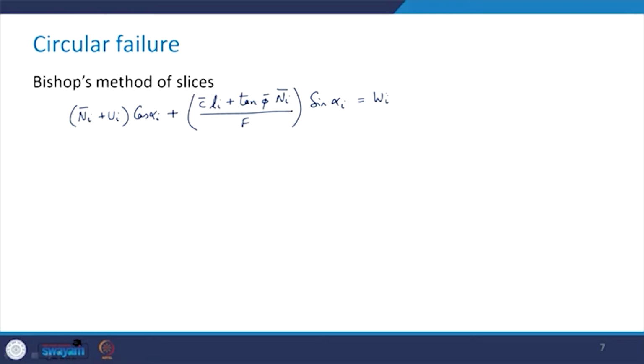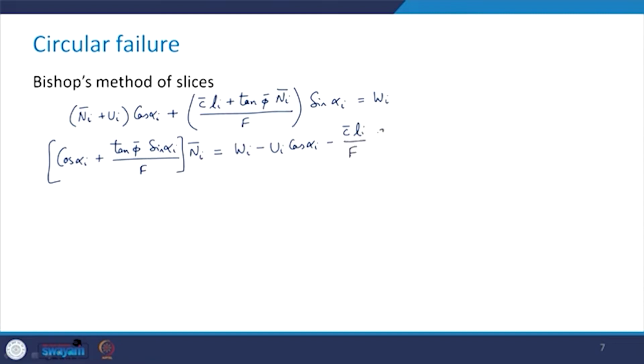Now, we try to collect the terms for Ni bar and see, this is what we are going to get, that is cos alpha i plus tan phi bar sin alpha i divided by F, multiplied by Ni bar, and this will be equal to Wi minus Ui cos alpha i minus c bar Li divided by F into sin alpha i.